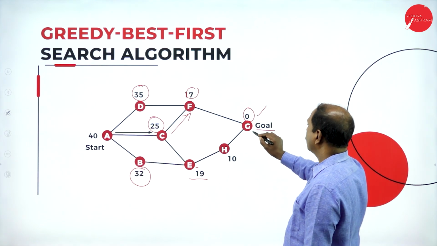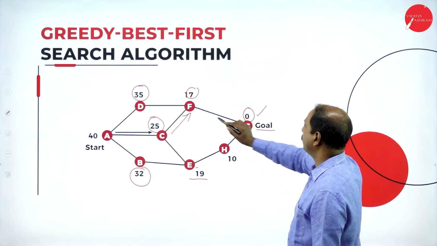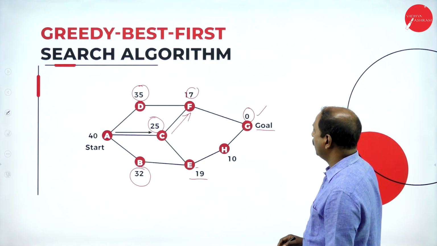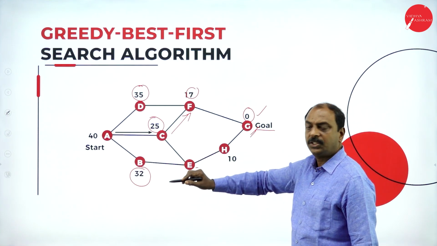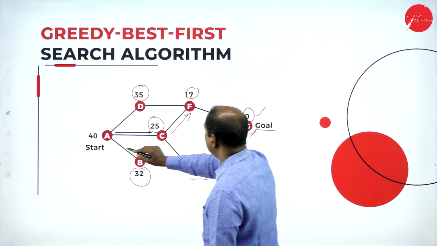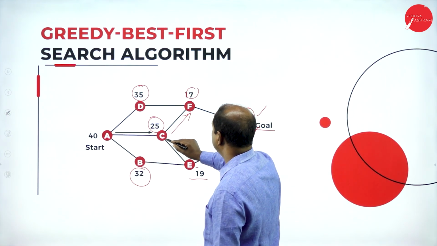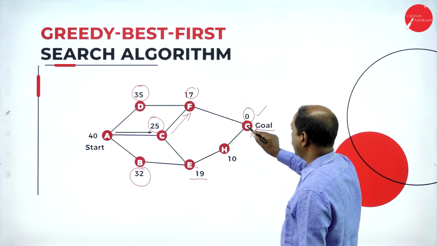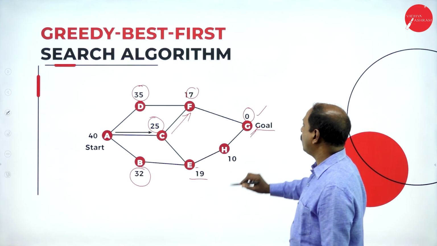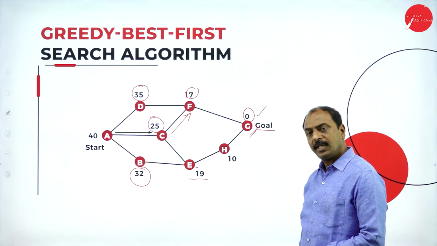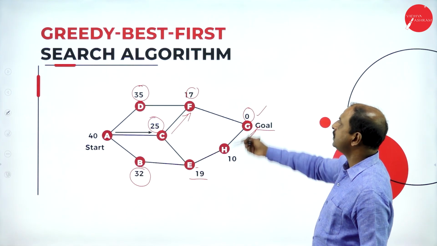It takes this path from F to G directly. So finally it reaches the goal. To reach the goal, starting from A, the path would be A to C, C to F, and F to G, by considering the lowest heuristic value at each node in the graph. So this is how this works.